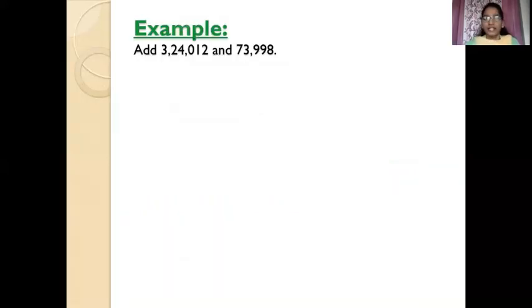Okay, let us take an example and see how a large number is added with another large number. So let's see the addition operation with these two numbers here. Add 3,24,012 and 73,998. So you're going to follow the steps here. What is the first step?